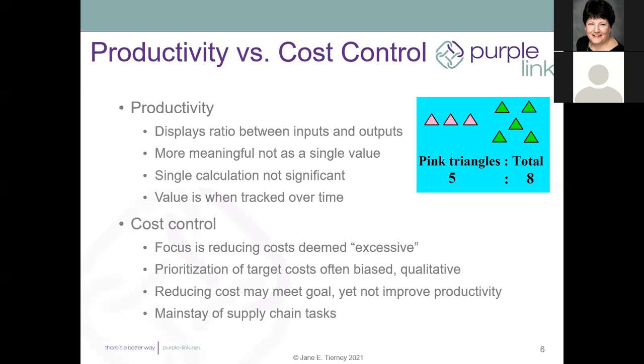And if you do the math and divide 5 by 8, you come up with 0.6 something or other. And that number by itself doesn't tell you much. Even if you produce 200 cars per shift, the number 200 as a productivity measure, without those units of measure, it's not really meaningful. So you're not trying to get to a single value. You're not trying to do that calculation and say, oh, my number is 4 and that's a good number.